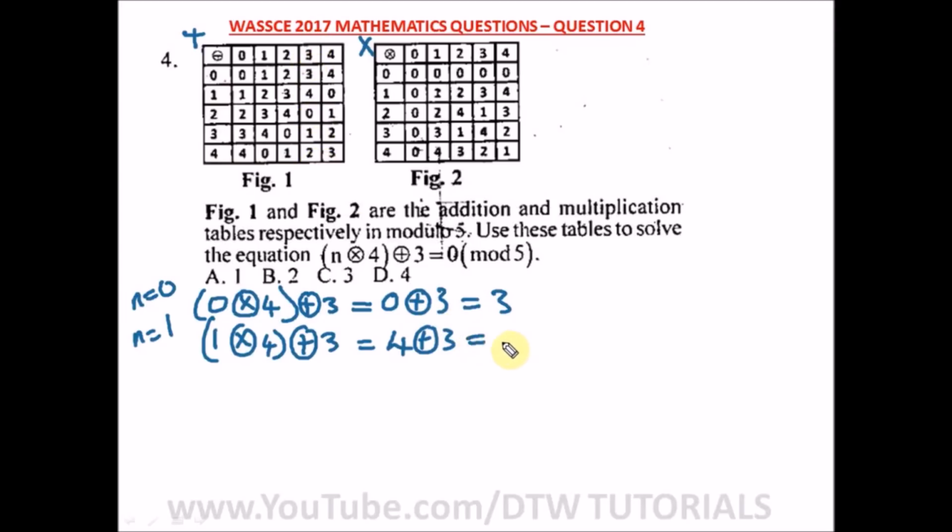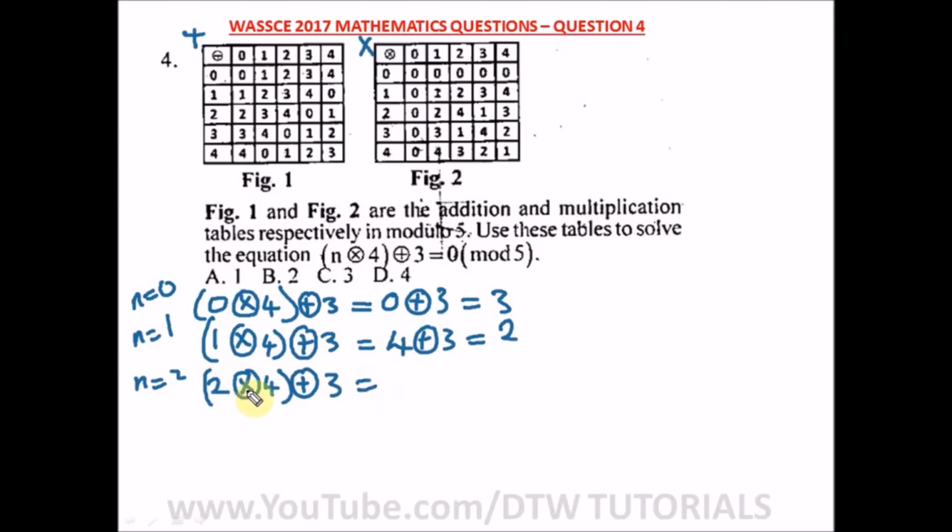So our answer here is 2. Are we correct here? 4 plus 3. Yes, we are correct here. So we have 2. What's the next thing? We have n equal to 2. So 2 times 4.